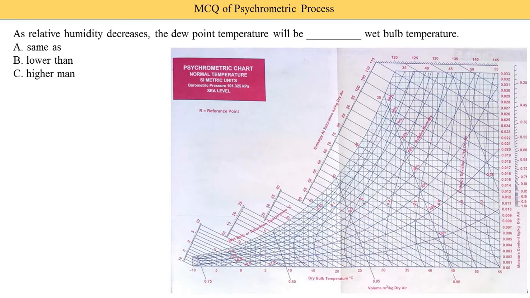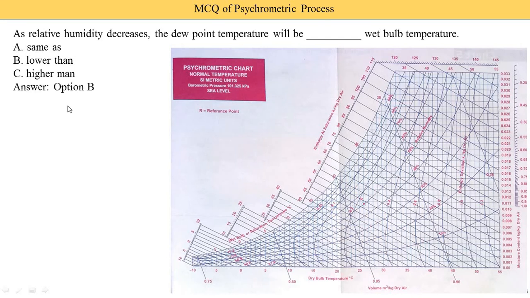So here you see the psychrometric chart. We need to change the relative humidity. Suppose we take a first point here and we move towards this side, because 100% relative humidity is here. So we need to increase relative humidity, then what happens? The dew point temperature will be the same as the wet bulb temperature, or lower than or higher than that.